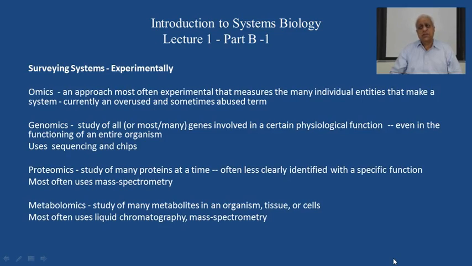top-down approaches involve surveying systems to measure many changes simultaneously. This type of surveying experiment has now gotten a label called omics. This is an approach, most often experimental, that measures many individual entities that make up a system simultaneously.